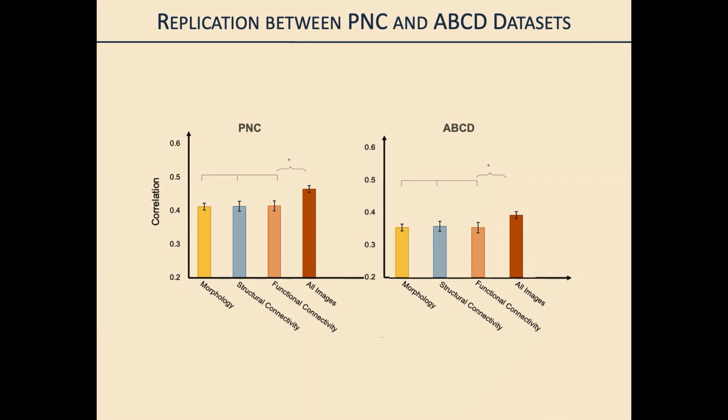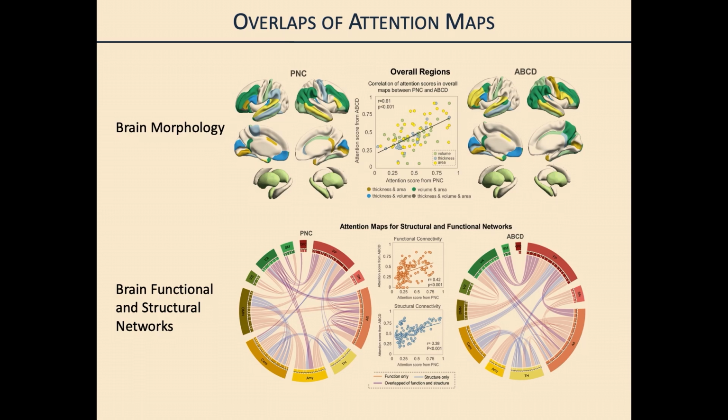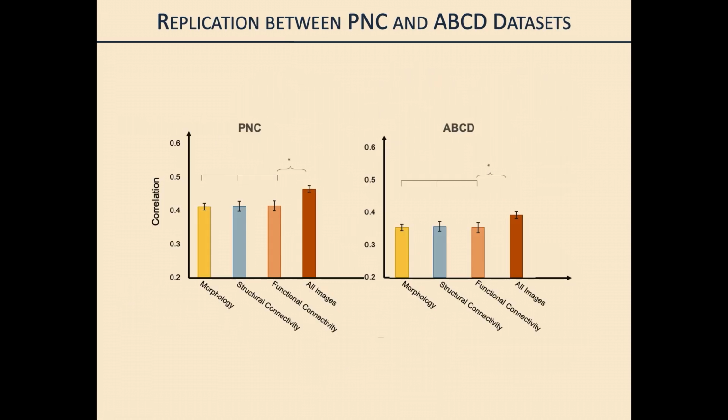You achieve similar accuracy as what you see in the PNC data. Sorry, slightly lower, and this is mainly because ABCD data only covers the age range of 9 to 11, so it's not a broad age range.